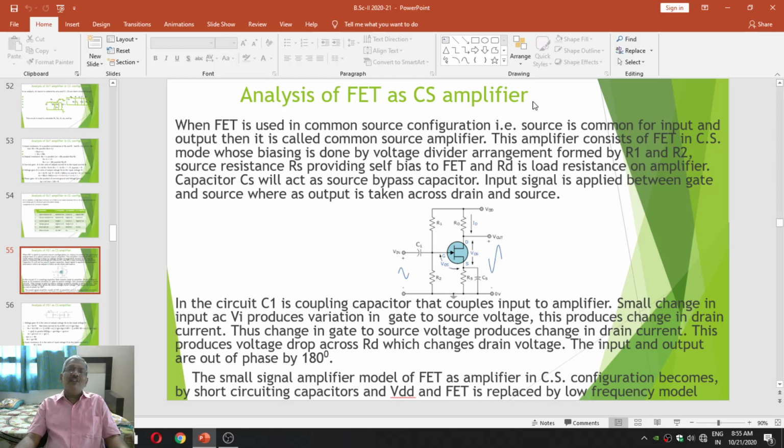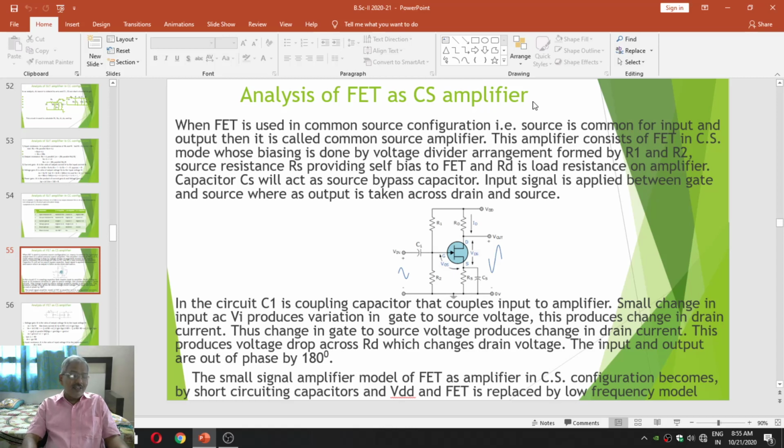Today we are going to change the amplifying device. Up till now we have studied BJT as an amplifier, and now we are going to study FET, that is field effect transistor.